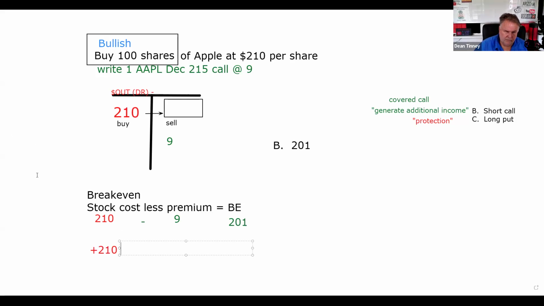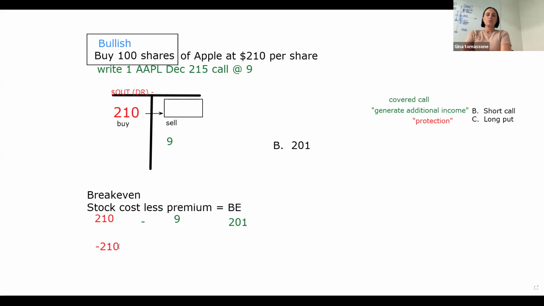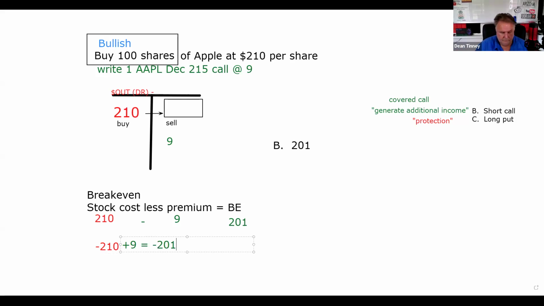We're out 210 and we're bringing in 9. And so when you net those two numbers, right, there's your plus. Those two numbers netted is 201, right? So we're net out of pocket 201. That's how we get to our break even. This is the one time and the one time only that we are subtracting.